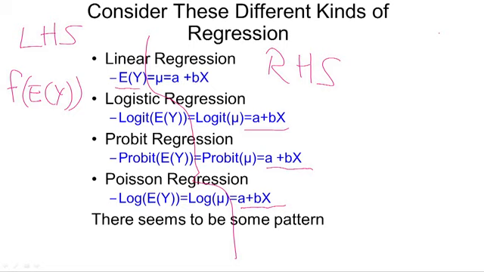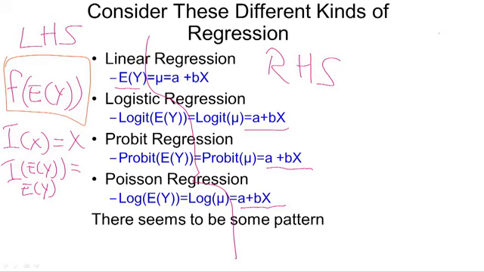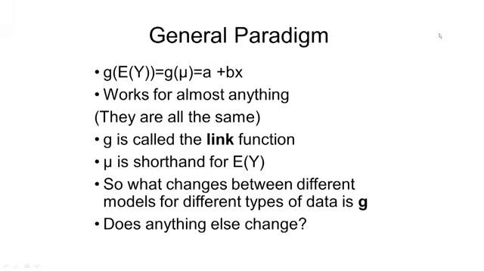Now you may wonder about this one, but the identity function, right, is the identity function of x is x, so the identity function of the expected value of y is just the expected value of y. So I got that covered. The left-hand sides are all the same. The right-hand sides are all the same. The only thing that differs is what that function is.